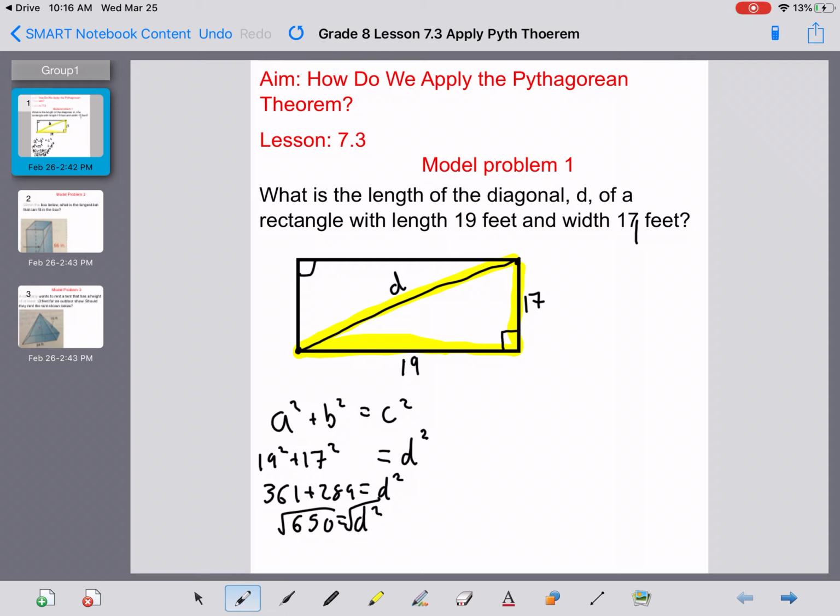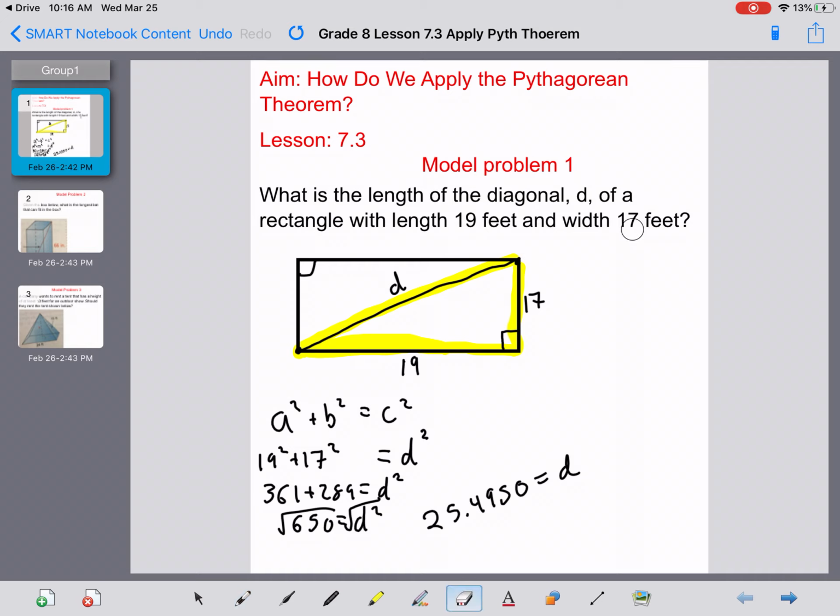Now I take the square root of both sides to find the actual length of the diagonal. When I do the square root of 650, the answer that I get is 25.4950, and then there are some other numbers, but I will just leave it like that.